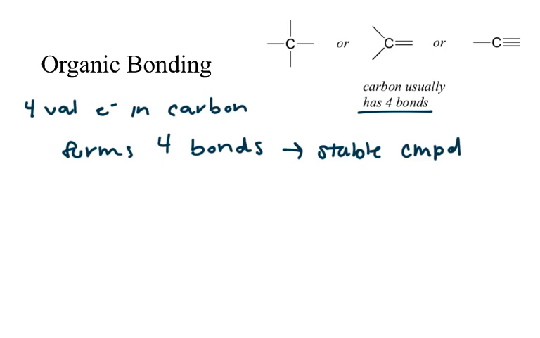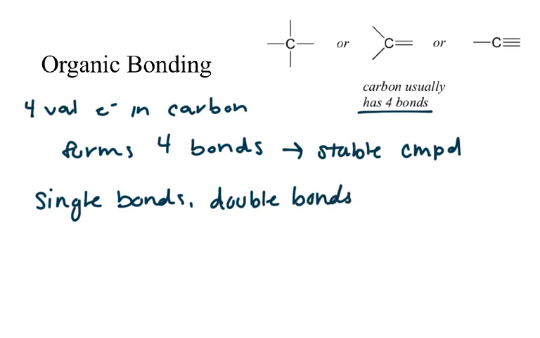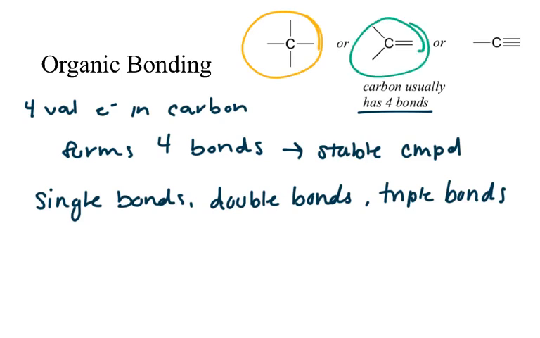But we can also have single bonds, double bonds, as well as triple bonds with these organic compounds. If you look up here at the top with this little diagram I have, we have our single bond circled in yellow, our double in green, and our triple in red, just to show different configurations. These are all different ways for them to become stable.